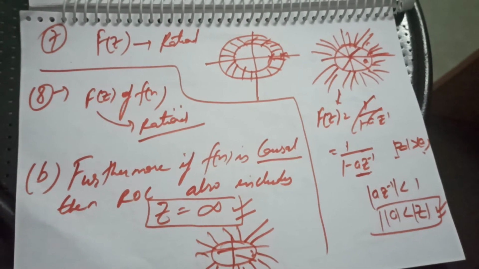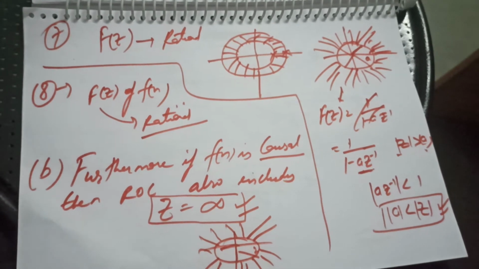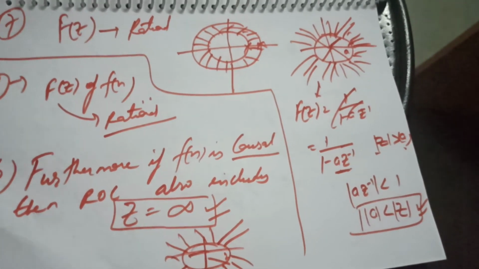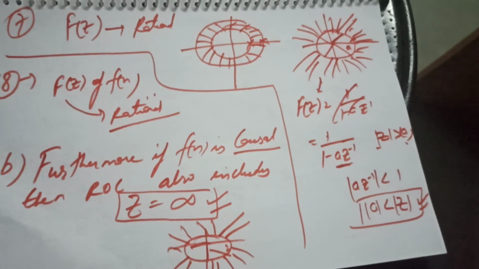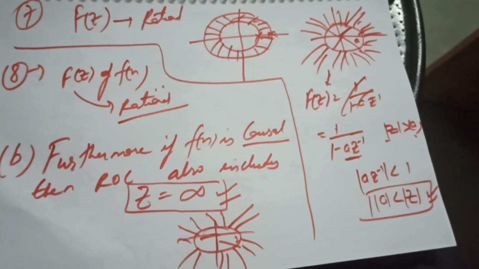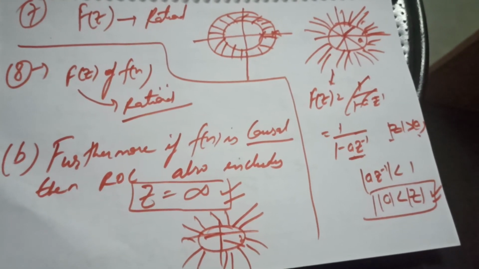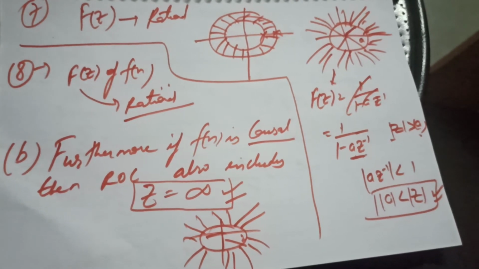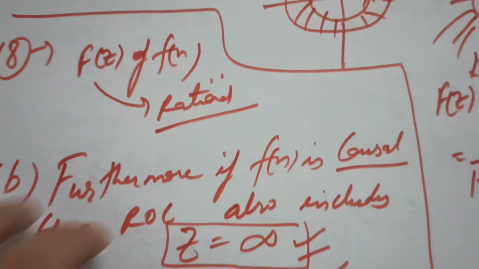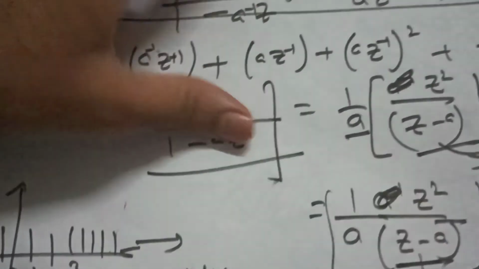If F(z) is rational and if f(n) is causal, then be very clear, the ROC of the z transform will definitely include z equals infinity. Z equals infinity has to be in the ROC, then only the system will be causal.